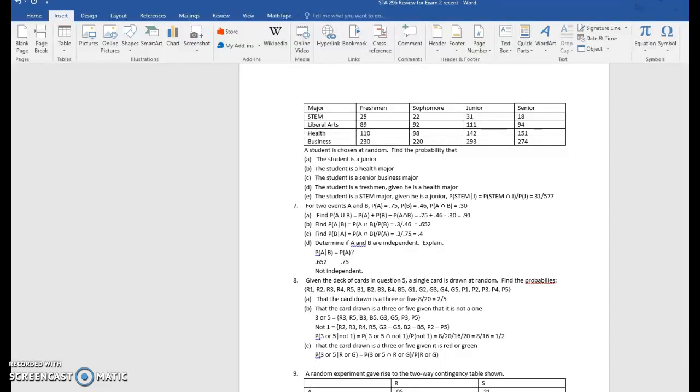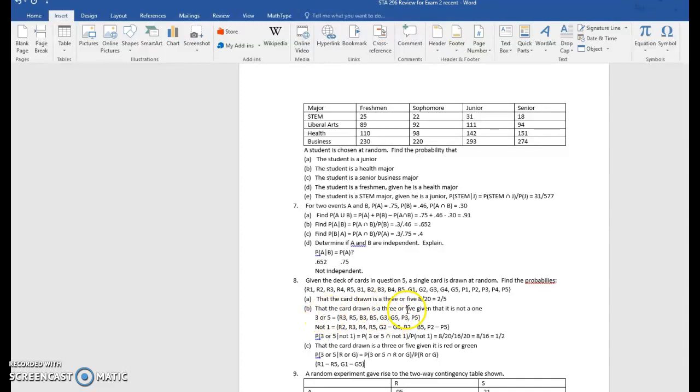Now again, to help us just a little bit, let's list red or green. So we'll have red 1 through red 5, and we'll have green 1 through green 5. So that's our event, red or green. If we think about this event and what it has in common with 3 or 5, it has in common red 3 and red 5 and green 3 and green 5.